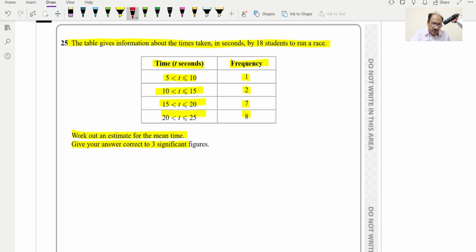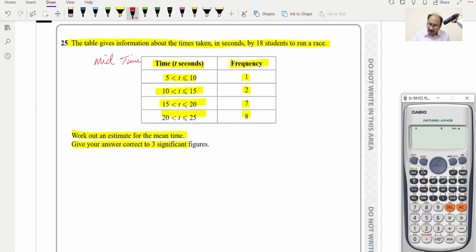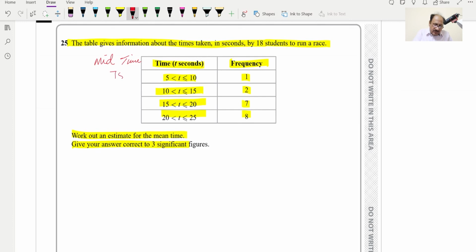So what we will do is take the mid time. So 5 plus 10 will be 15, 15 divided by 2 will be equal to 7.5. So the mid of this one will be 7.5.